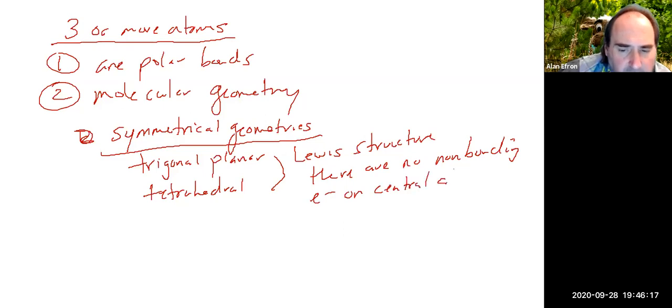So if you draw your Lewis structure and you look at your central atom and you didn't put any dots, it's most likely going to be one of these geometries, and that's going to be a symmetrical geometry.